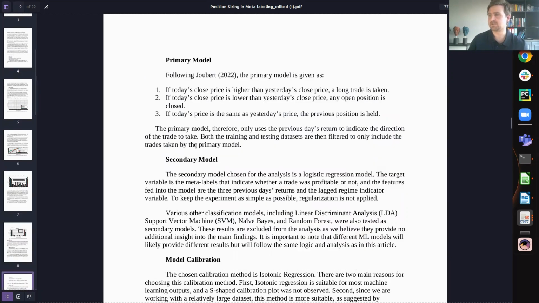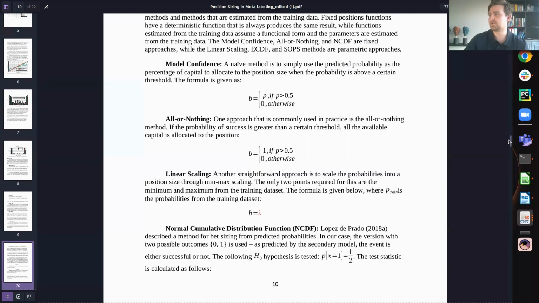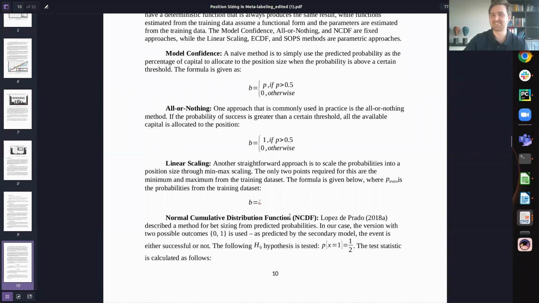So let me quickly go through some of the methods that we used as well. This is missing. It's a working paper still. I think it's the old version. So basically, you can use the model confidence to actually size the positions. And we found that with calibration, model confidence and the all or nothing approach work really well, as well as the normal cumulative distribution function.